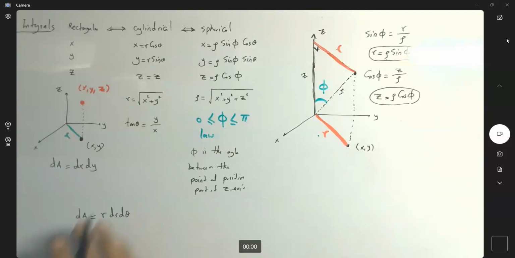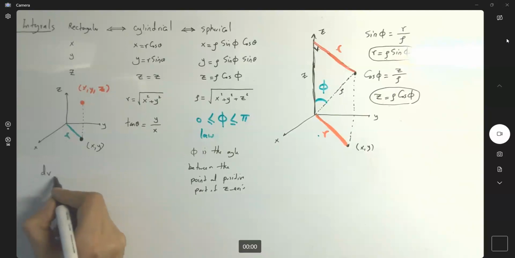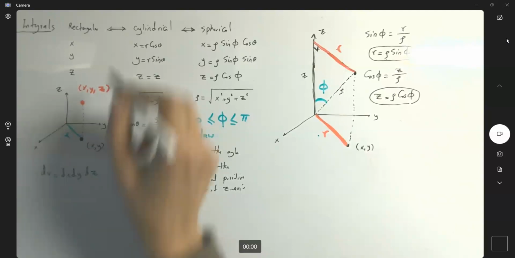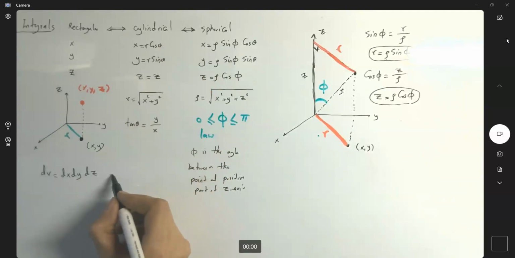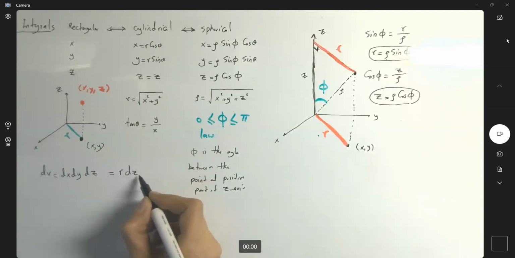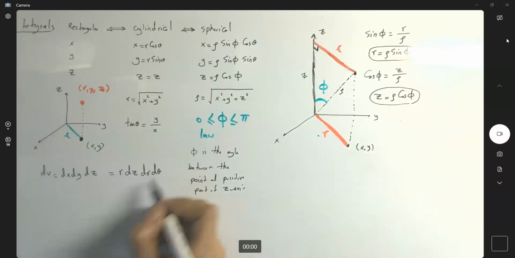So when we are in 3 dimensions, dV is defined as dx dy dz. In the cylindrical coordinate system, dV is equal to r dz dr d theta.